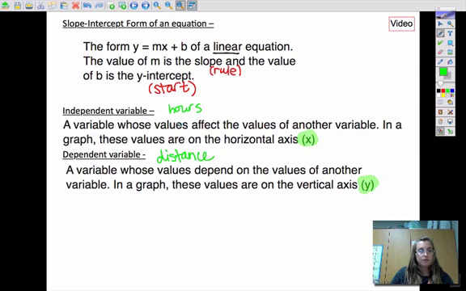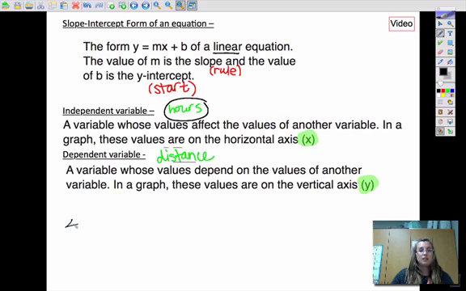or the van. So independent variable is a variable whose values affect another variable, and in a graph those are always on the horizontal axis or the x, sorry. And then the dependent variable is distance. That's the variable that depends on another one. In a graph those are always on the vertical axis, okay? And here's a little hint for you, okay? Any time that you have any measurement of time, hours, minutes, seconds, it's always going to be independent.